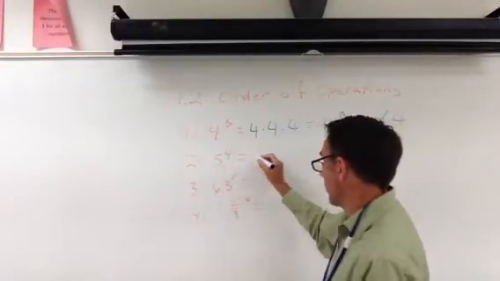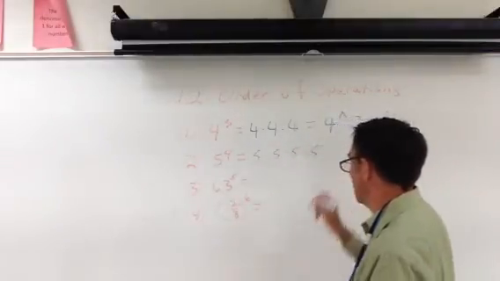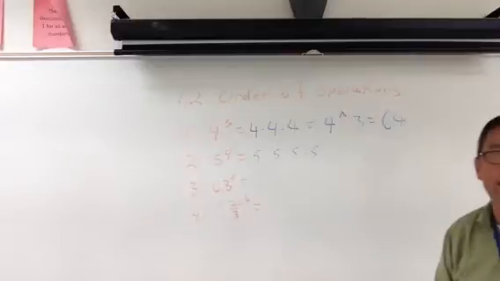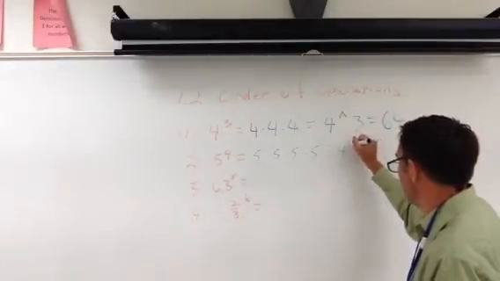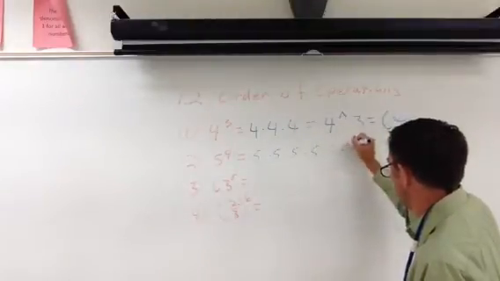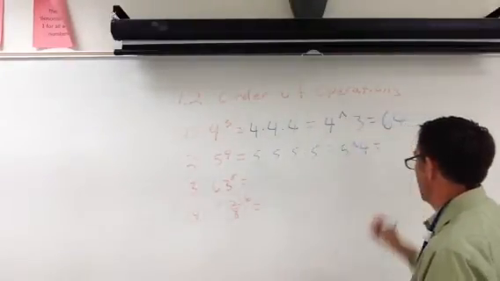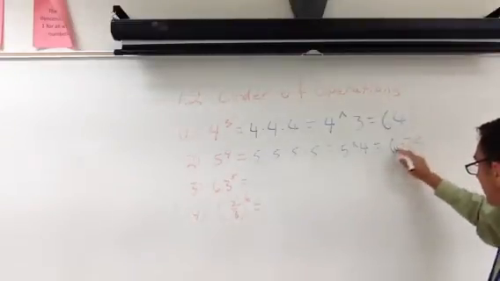With 5 to the 4th power, we would need to write out 5 times 5 times 5 times 5, which in our calculator would be 5 caret 4, and we would get 625.